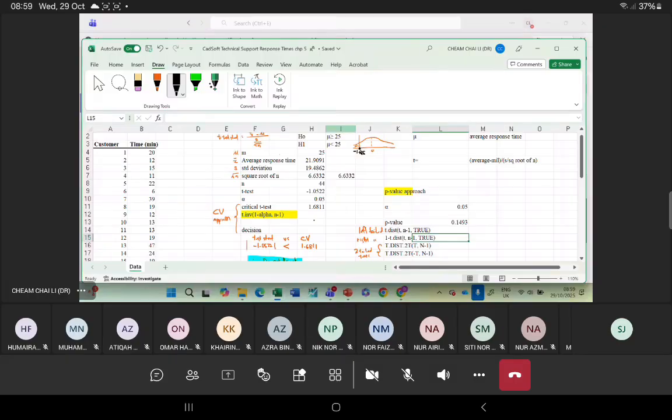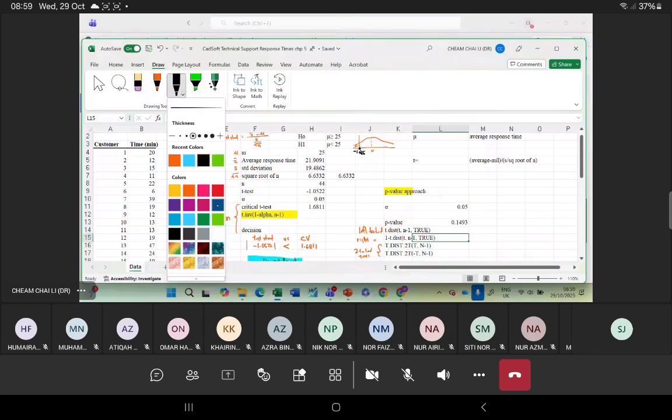Kita dapat 1.688. Okay, and because it is on the left of the mean, so you should put the negative value. And then next, let's check what is the test statistic. Kita punya test statistic is negative 1.05.